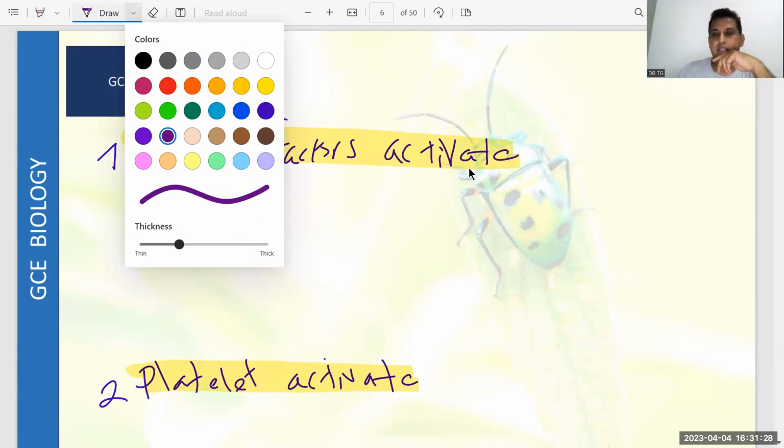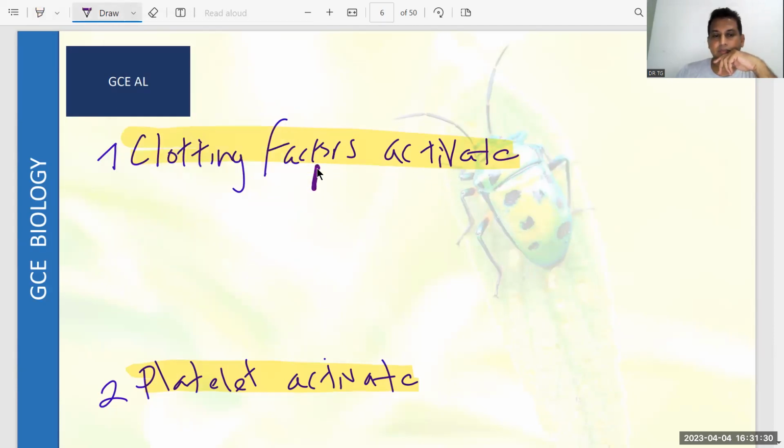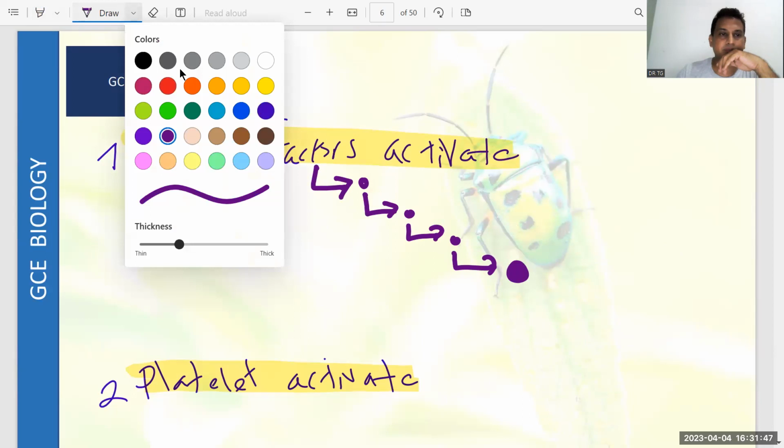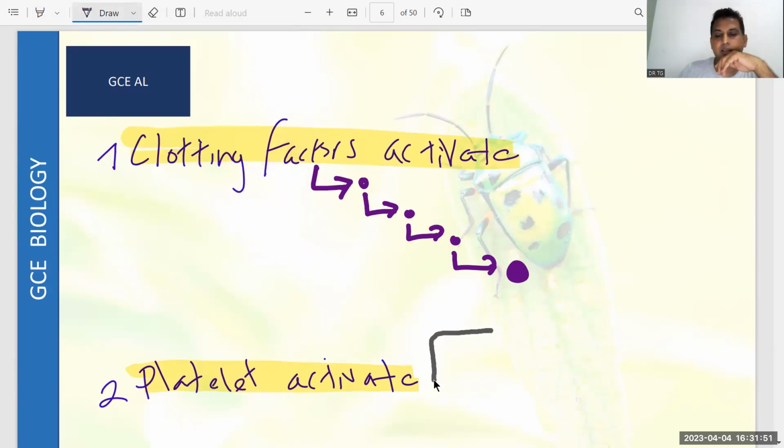When clotting factors activate, it just comes like this, different activations. So finally, it activates this last protein. And then platelets also activate.